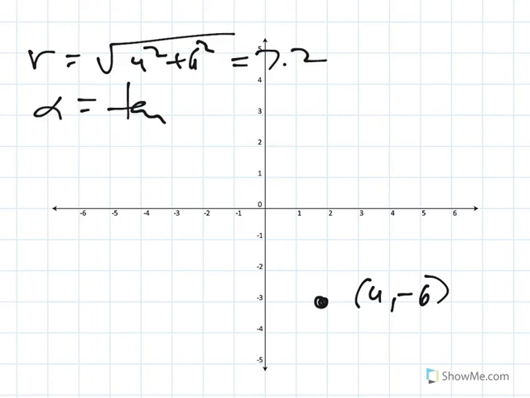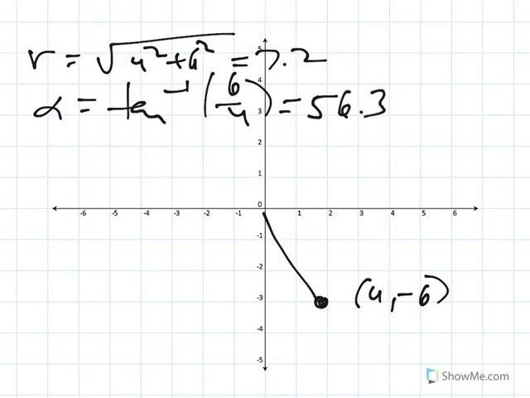Alpha is tan inverse of just regular 6 over 4, which gets me 56.3. And just to tell you what that 56.3 is, here's my theta. That 56.3 is that thing.